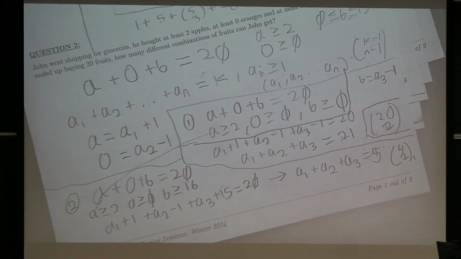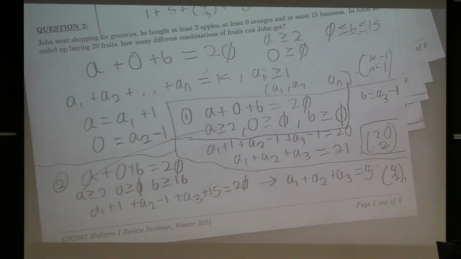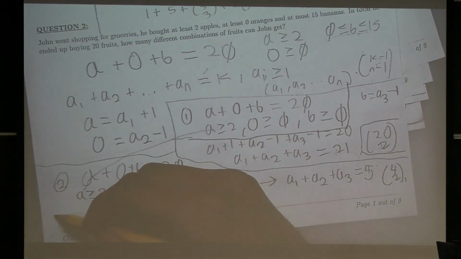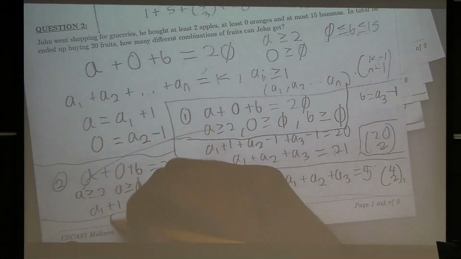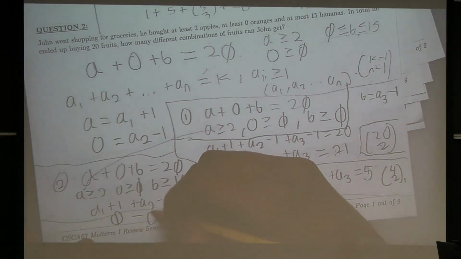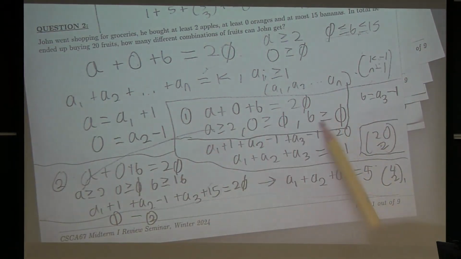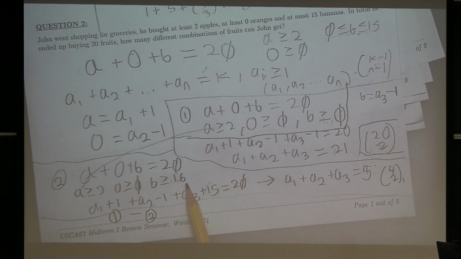So why did I separate these into 2 different equations here? This is because if we subtract the number of solutions from 2 to 1, so the solutions to 1 minus 2, we get every solution that has b that's greater than or equal to 0. But since we subtracted that from all solutions that have b greater than or equal to 16, we're left with everything that's in between, from 0 to 15.